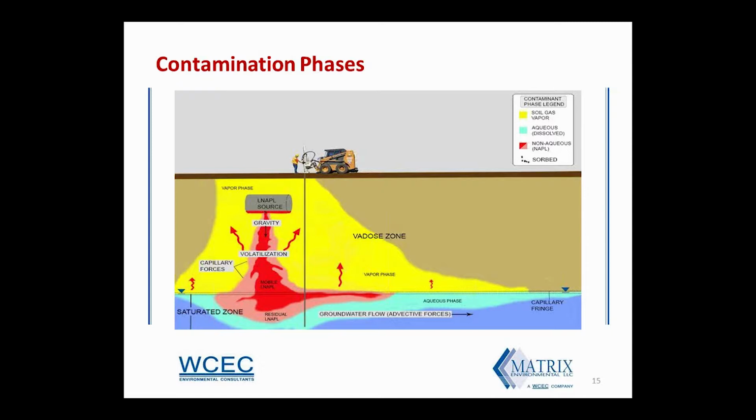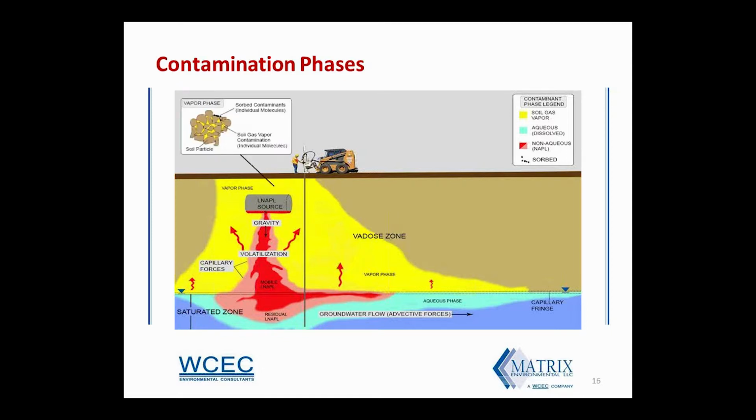A portion of the LNAPL that migrates to the capillary fringe may spread horizontally, but again, as we know from advances in LNAPL science in recent years, LNAPL does not float on the water table in a uniform high saturation pancake layer. It preferentially moves through zones of greater permeability, and depending on the head pressure from the release, it can be forced well below the water table. Shortly after LNAPL has been released, volatilization occurs, and that results in soil gas vapor impacts, and advective forces distribute aqueous phase contaminants in groundwater.